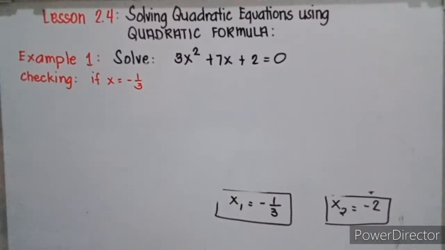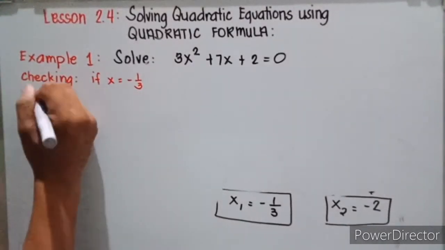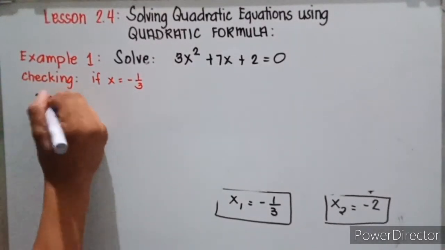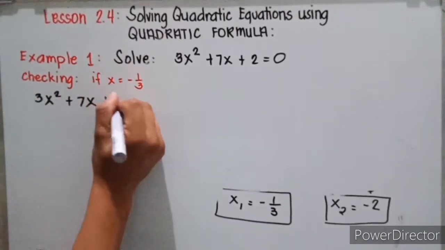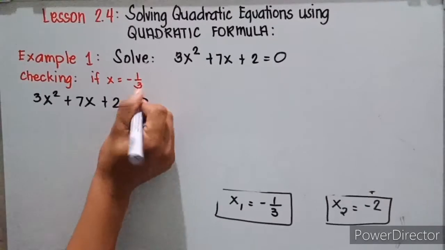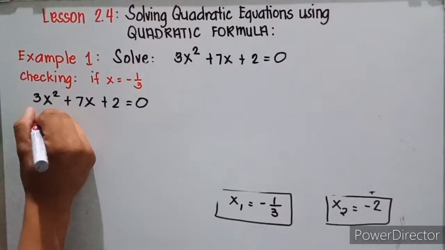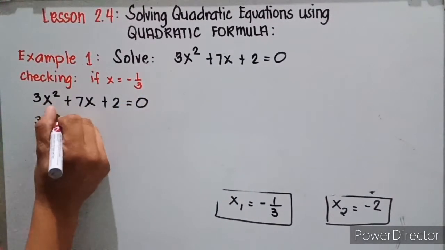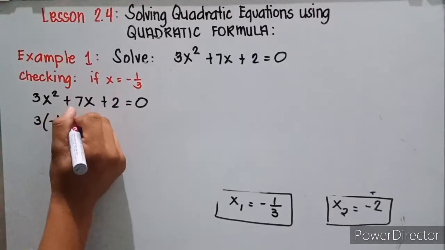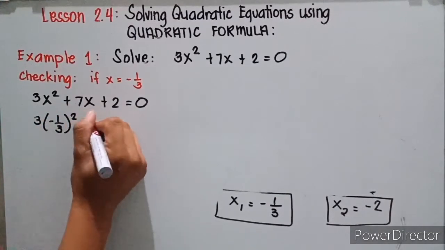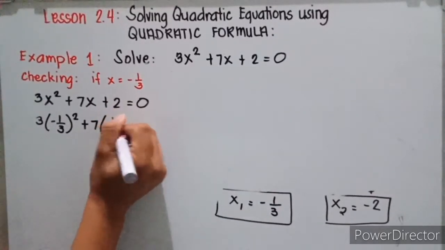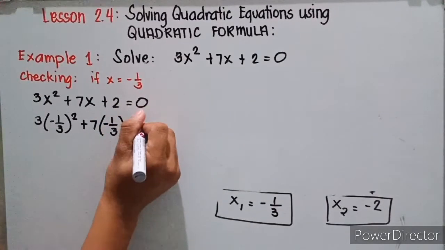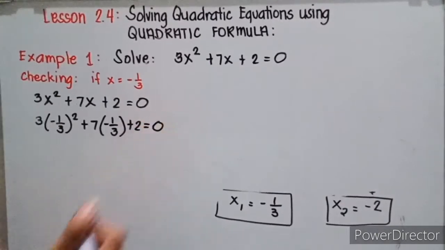For our checking, if x is equal to negative 1/3, so in our original equation, we have 3x squared plus 7x plus 2 is equal to 0. So we will have 3 times negative 1/3 squared plus 7 times negative 1/3 plus 2 is equal to 0.